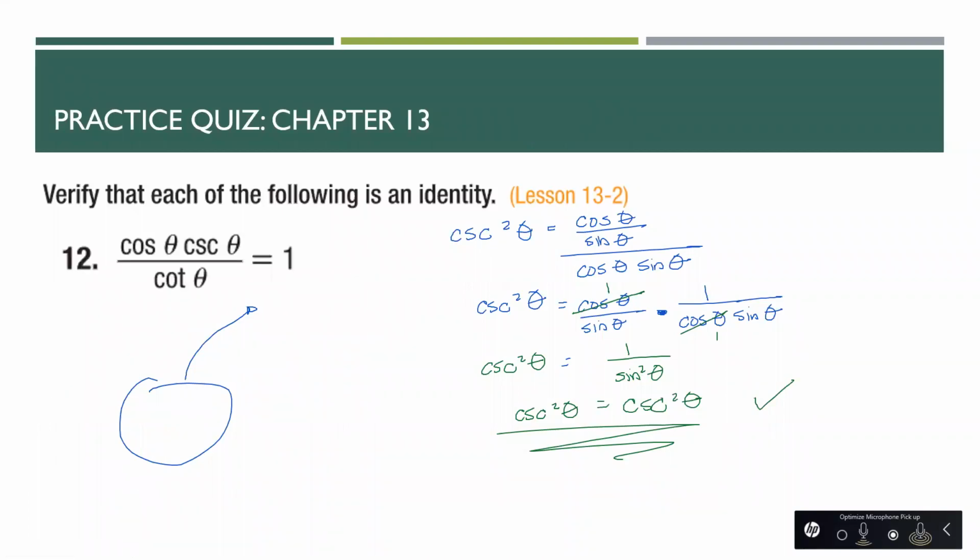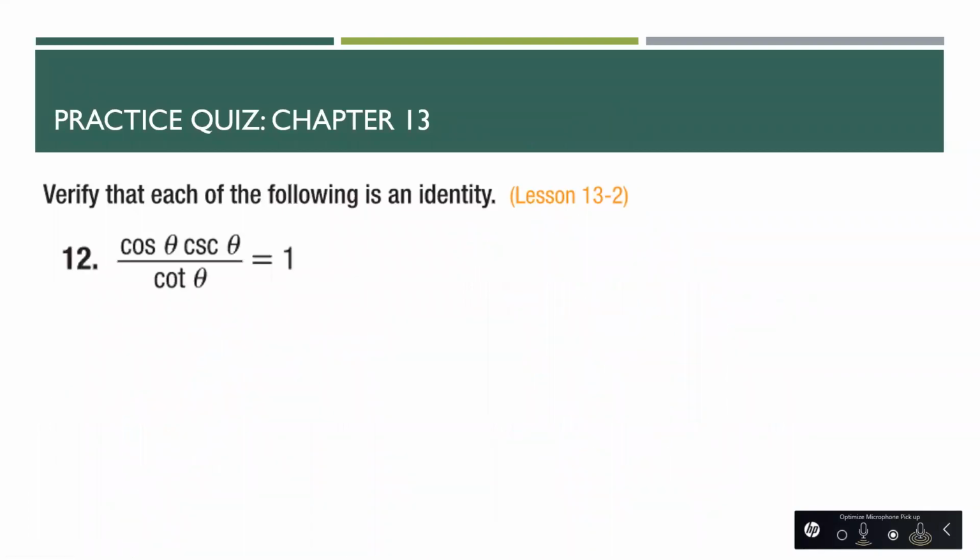All right, and then here, number 12, we have cosine of theta times cosecant of theta over cotangent of theta, and we're going to see if that's equal to 1, okay? So I can rewrite cosine of theta times, instead of cosecant of theta, cosecant of theta is equivalent to 1 over sine of theta, okay? And then cotangent is equal to 1 over tangent of theta, okay?